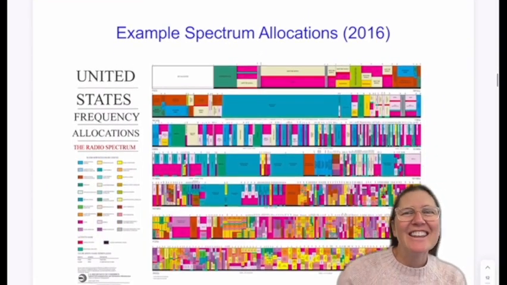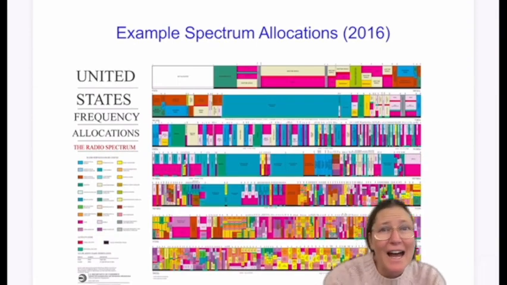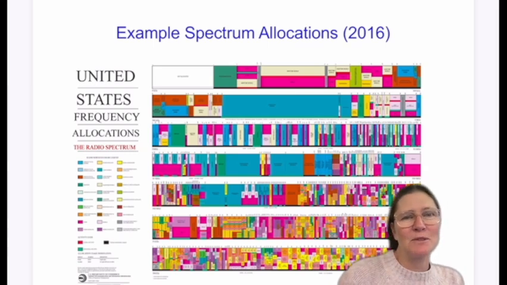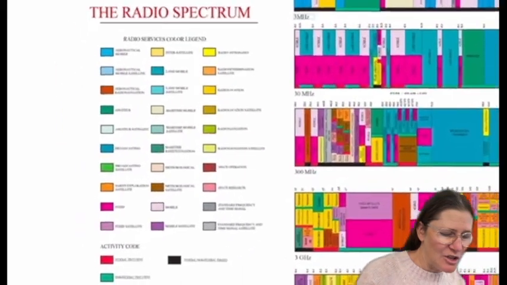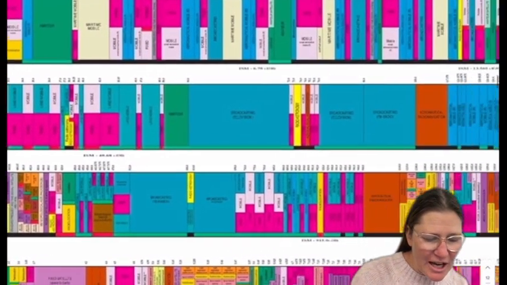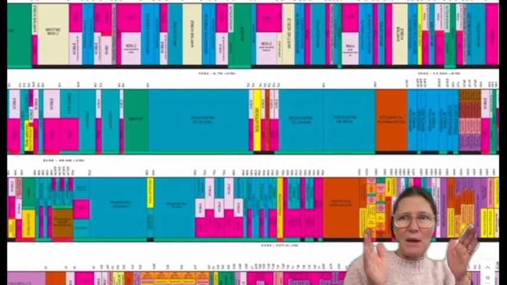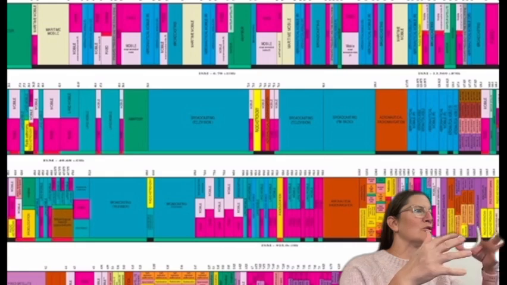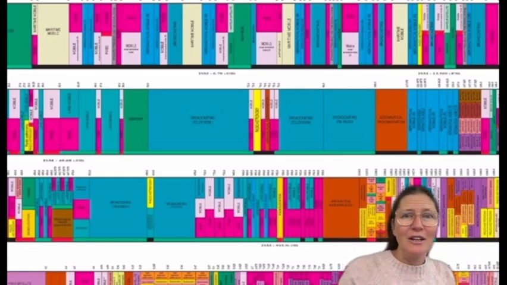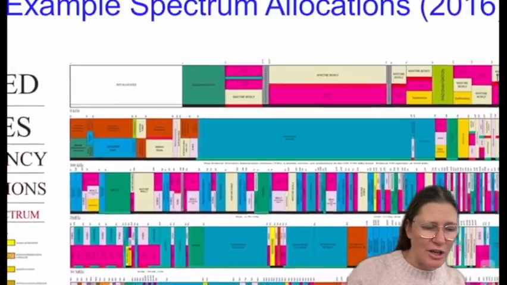So this is actually the allocation in the United States for these spectrums. And each one, you can't read these very well, has a very specific band of frequency that you can use to transmit. So for medical devices, it's going to use a very small window here of transmission.